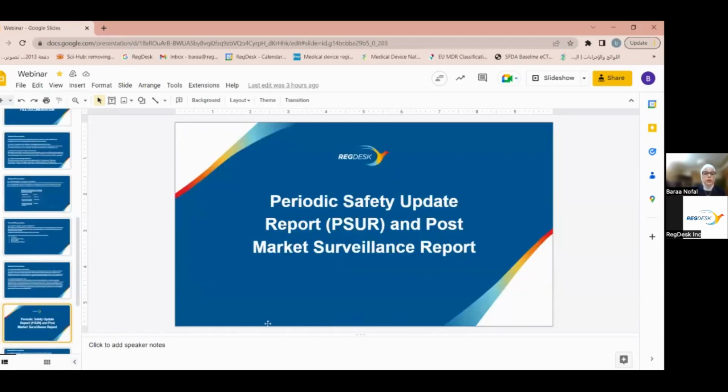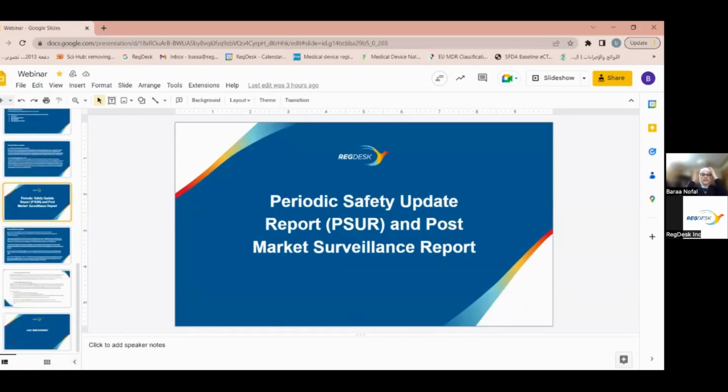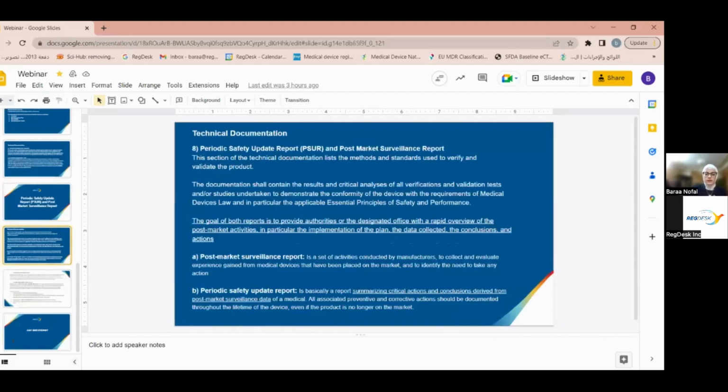Okay, now we will say the last thing, I think. We will talk about the periodic safety update reports and post-market surveillance reports. It is also from the technical file. It's the last document in the technical file. It is most important. The goal of both reports, the post-market surveillance report and the PSUR, is to provide authorities or the designated office with a rapid overview of the post-market activities, in particular the implementation of the plan, the data collected, the conclusion and actions.